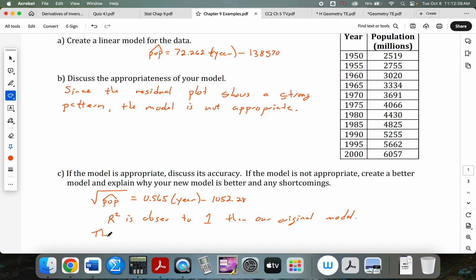There's still kind of an S-shaped curve to the residuals, but the residuals are small.